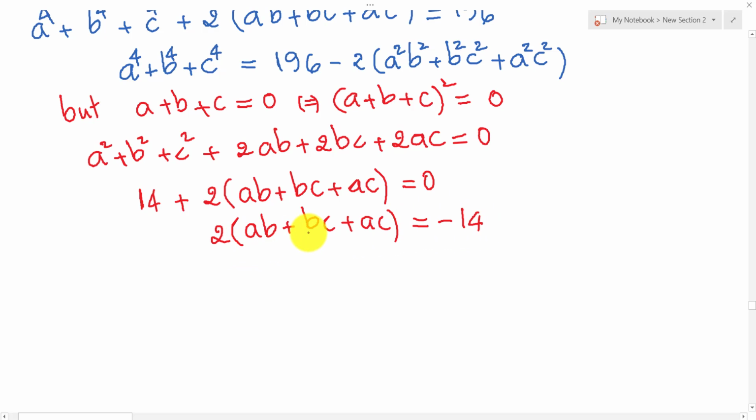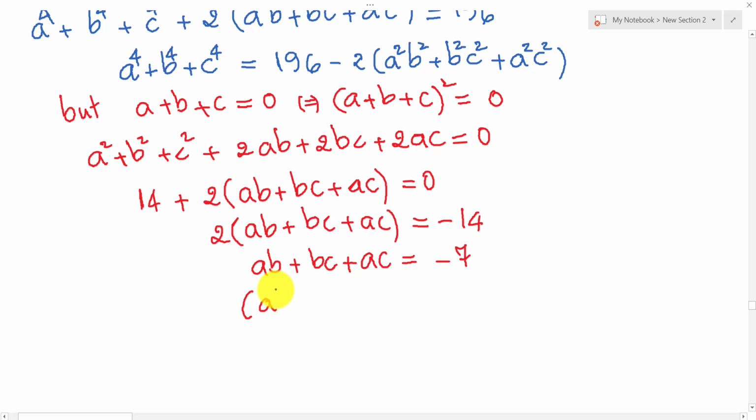We divide both sides of this equation by 2. So I get ab plus bc plus ac equal minus 7.